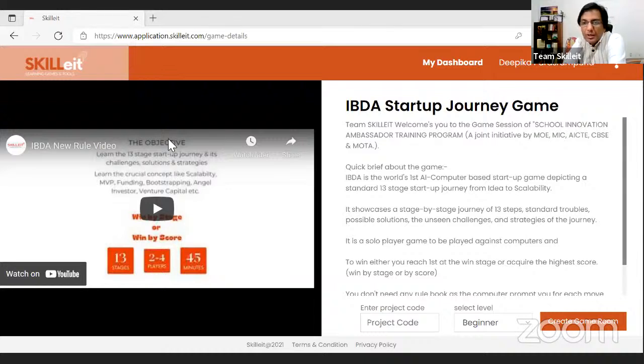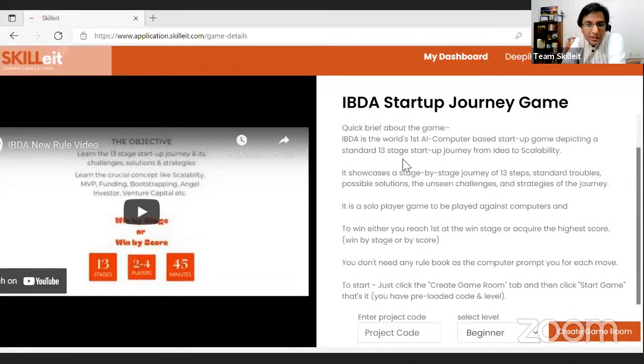I cannot see the total screen. Can you zoom a little more so I can see the bottom? So just put the code. Can you see the code? Yes, sir. Capital BML and 3.